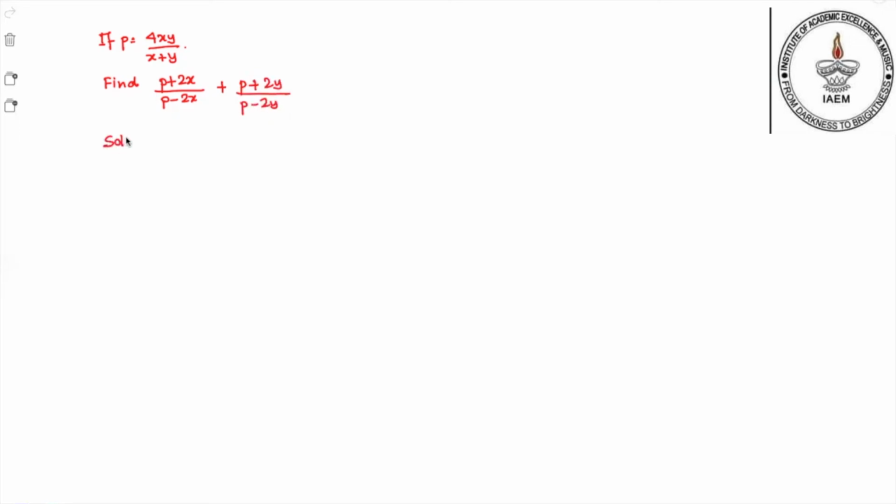So while solving this sum, it is given p equals 4xy by x plus y. So from here, we can definitely write p by 2x equals 2y by x plus y.